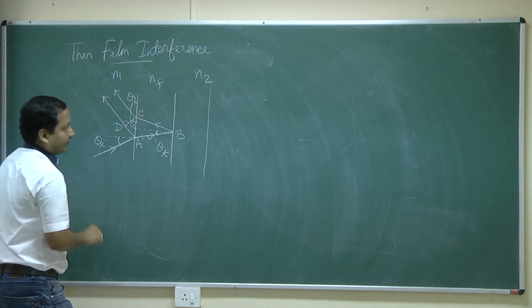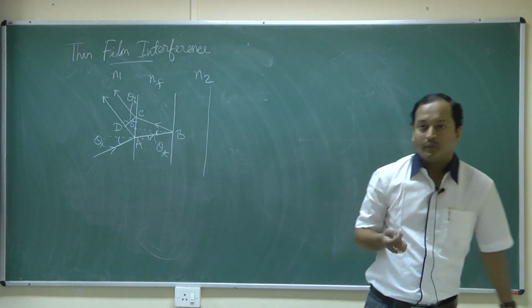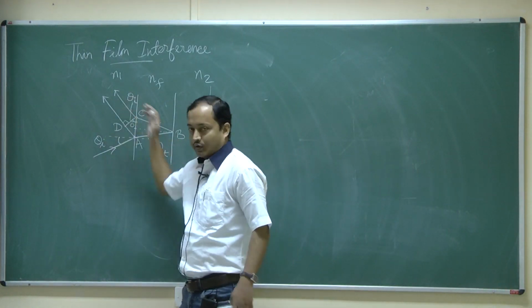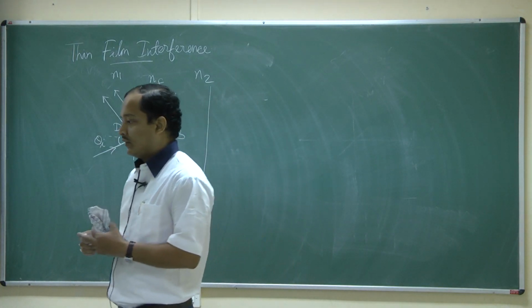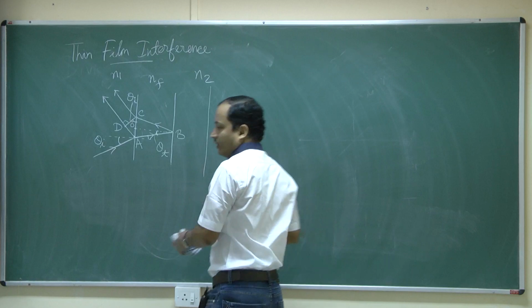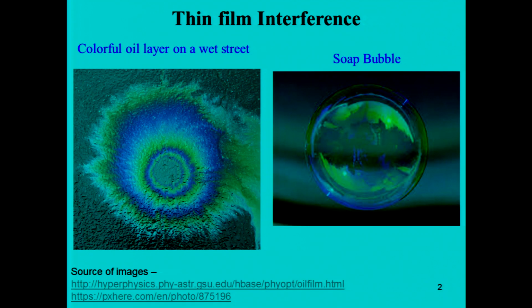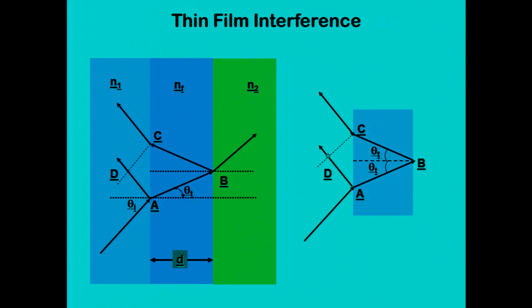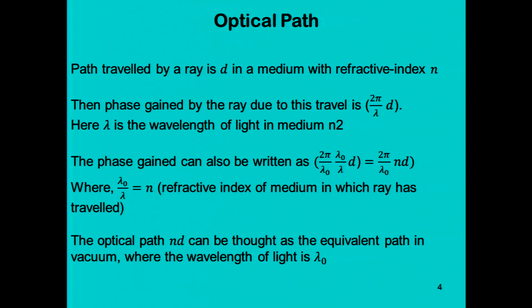What we are interested in is the optical path difference between these two rays. Before that, let us quickly refer to one small discussion on your slides. As we said, we want to understand the path difference. If a ray travels a path d in a medium of refractive index n, then the phase gained by this travel is 2 pi by lambda times d, which is k times d.